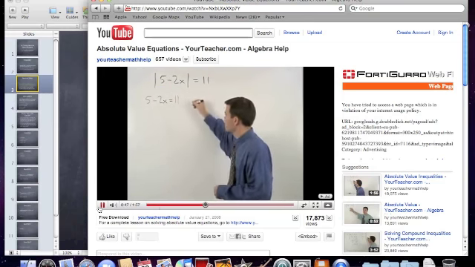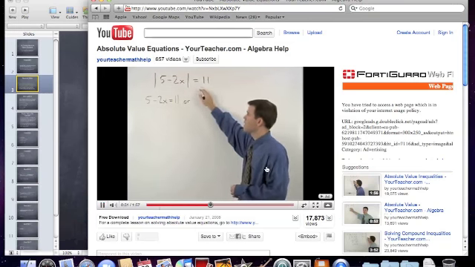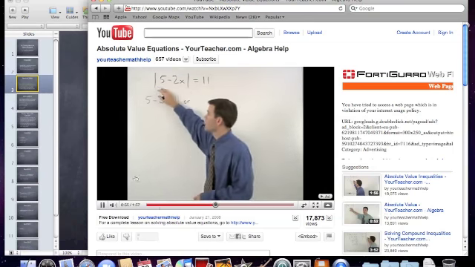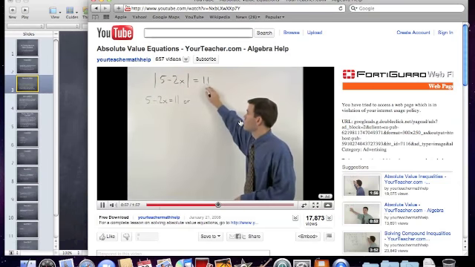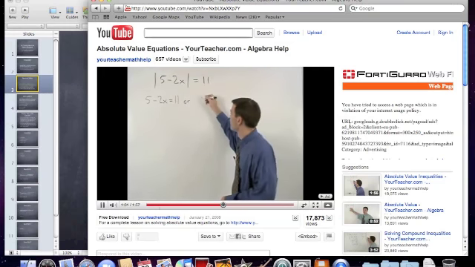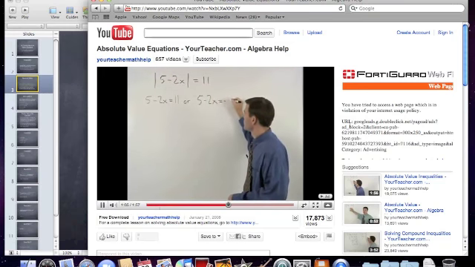Our equations will be separated by the word or, and our second equation will look exactly like the original, except for the absolute value signs, and we'll change this 11 to a negative 11. So we have 5 minus 2x equals negative 11.